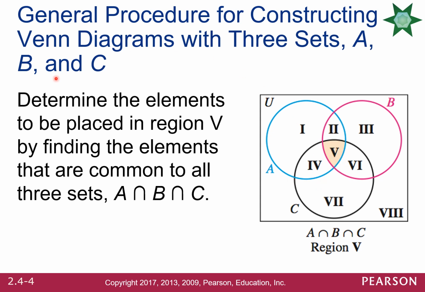So to determine the elements to be placed in region 5, we include all common elements to the 3 sets, and we denote that as A intersection B intersection C. Again, if you recall, another word to represent intersection is A and B and C. All right, and is another term used to denote intersections.